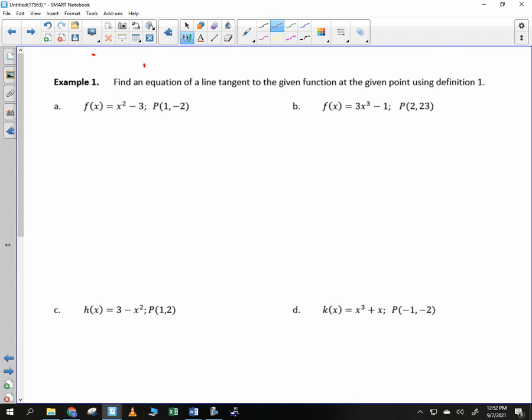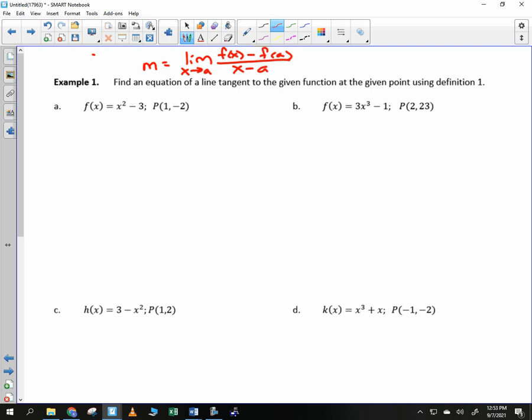So what I have is slope is equal to the limit as x approaches A of f of x minus f of A divided by x minus A. That is our definition. When you look at it, you should be able to think of the picture that it comes from and understand how we came up with that. We don't take anything in mathematics and make it up. We discover the mathematics. It exists. It's a truth.